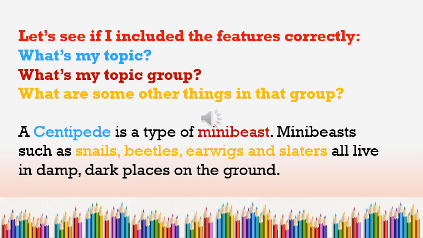Snails, beetles, earwigs, and slaters. I included them too. Now you need to remember that you don't have to include every single other thing in that group that you can think of. Just maybe 3 or 4.